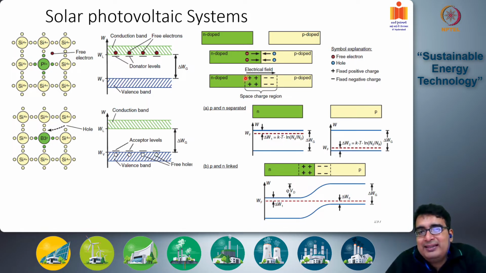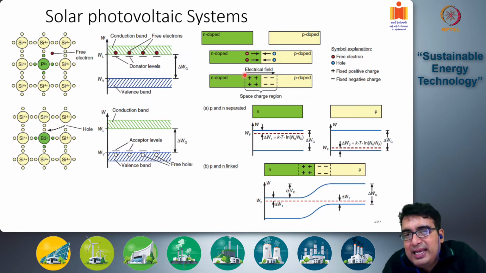So the absence of holes and the presence of extra electrons are basically keeping the charge neutrality. So now when in this region, these electrons disappear due to recombination and these holes disappear due to recombination, you get a positively charged zone here where it is charge depleted, and a negatively charged zone here where you have excess charge because electrons have traveled to this side. Okay, so you get a positively charged zone in the n-doped section and a negatively charged zone in the p-doped section, creating an electrical field that moves from the n-doped to the p-doped section across this junction.